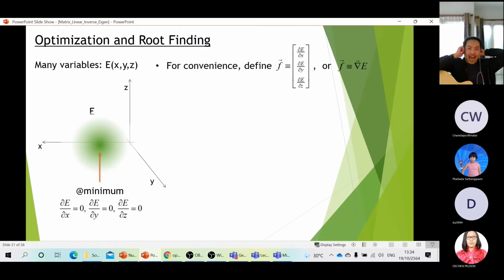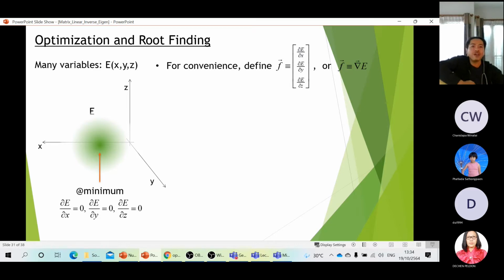We define now a vector f, which contains all these derivatives with respect to x, y, and z. Now, in calculus, we sometimes use this symbol, this upside down triangle with the arrow. This is called the gradient. It means the derivative of that value with respect to x, y, z, and all the unknowns involved here.